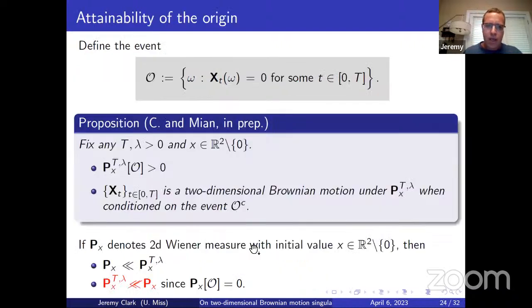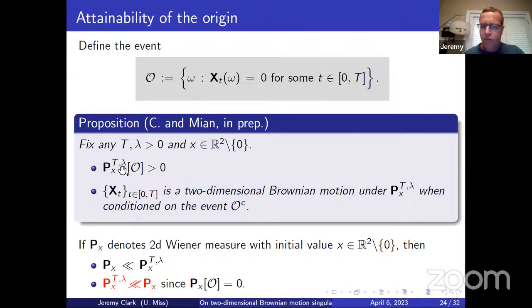So we're just defining the path measure corresponding to the transition densities that we defined before. Now recall that we defined this event O, the event that the process will visit zero at some time. Then the proposition, something that we proved, is that there is a positive probability that the process will visit zero, even though we're basically adding a very small drift compared to the drift that would push away.